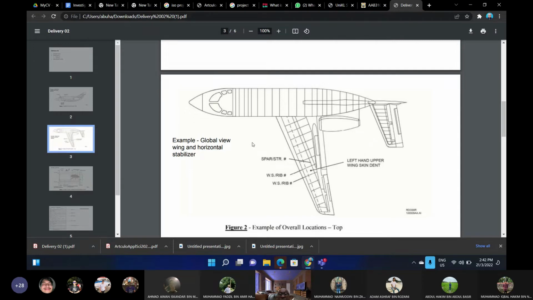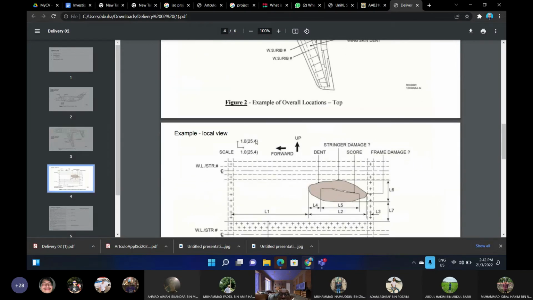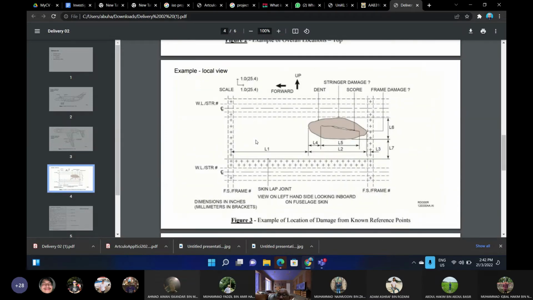And then the detail will be right on the defect. You have to show the dimension. What are the length and the width. This is L4, L5, which is the whole L2.